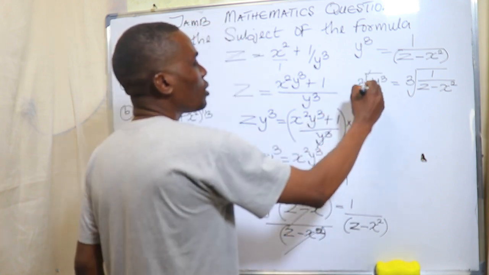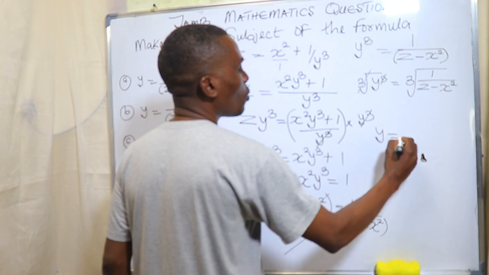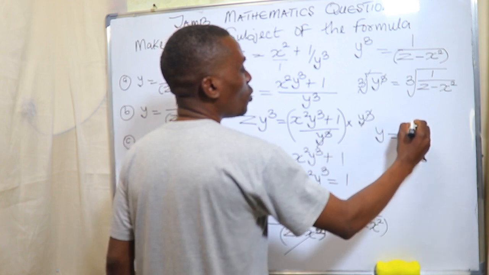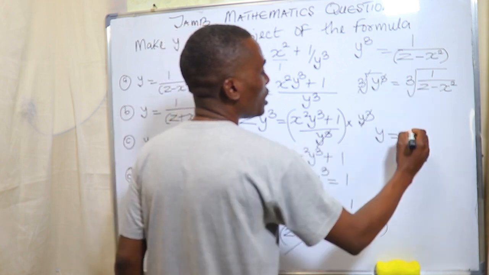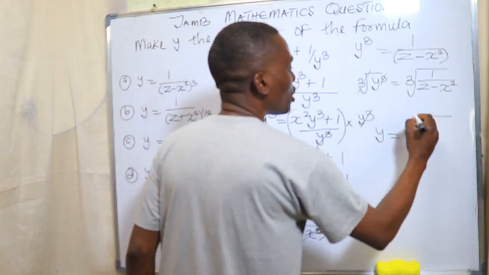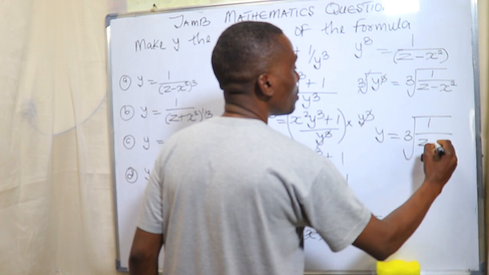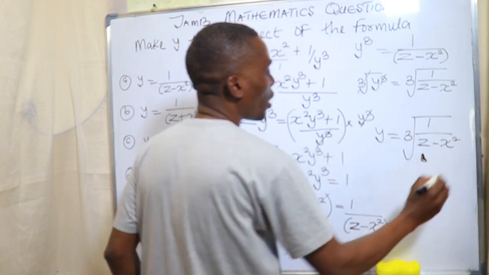So if this one cancels the cube root, I will get my y to be equal to the cube root of 1 divided by z minus x squared.